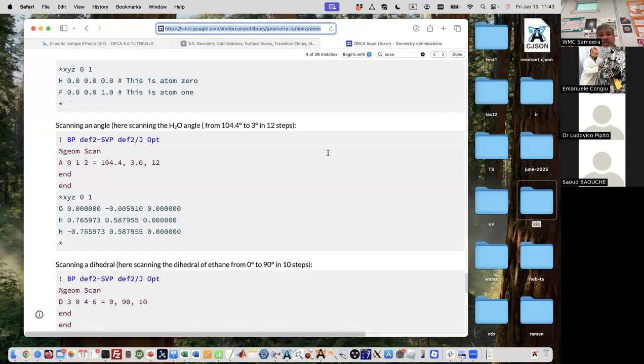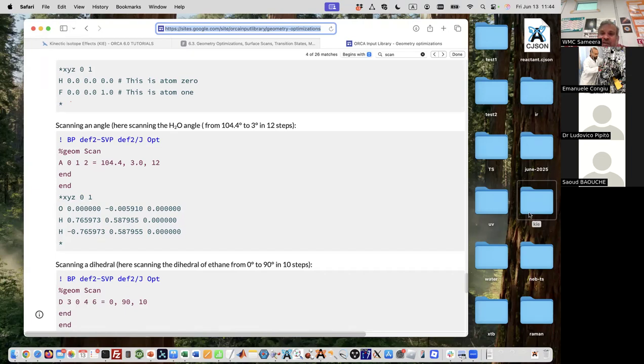I'm not saying ORCA is bad, but it also depends on your experience. If you practice more and more, you can get more information and you can know more tricks.